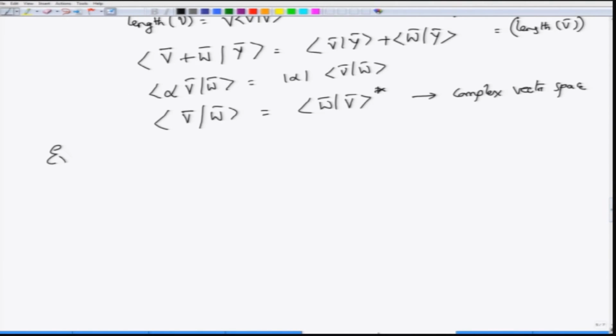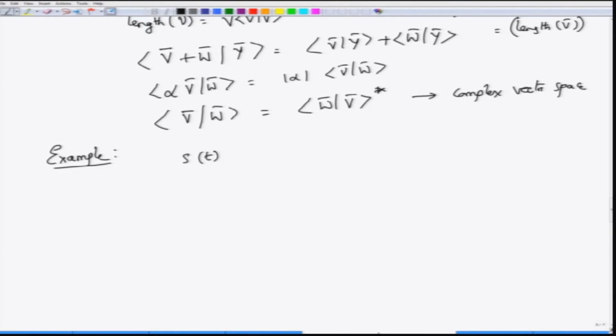Now let us take an example of our signals and see if we can define the inner product. So I take s(t) as one signal and g(t) as another signal, both belonging to a certain signal space S, okay. If I define the inner product as s(t) into g complex conjugate of t, I can assume that these signals are complex valued signals.